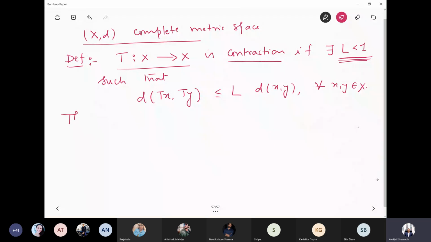The theorem here is also known as Banach's fixed point theorem.